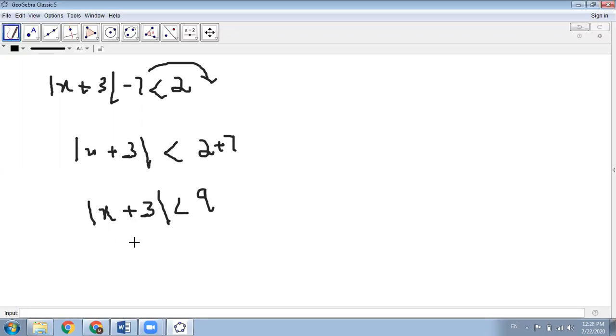Again, we get absolute value is less than 9, meaning absolute value is less than a positive 9. So again, this is case 1, because the absolute value is less than a positive number.